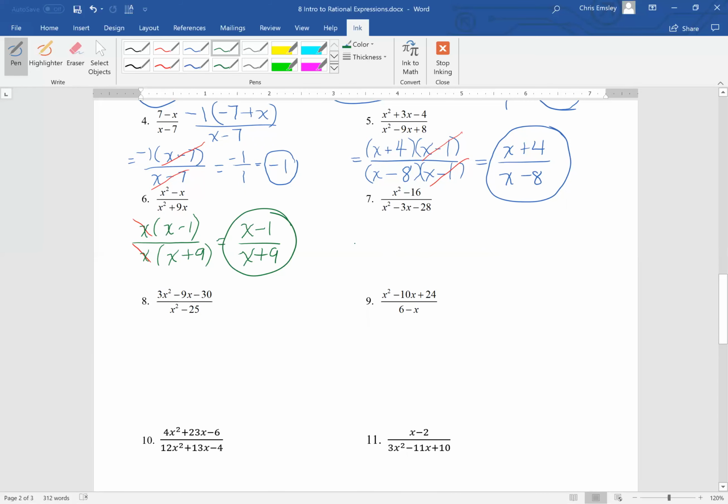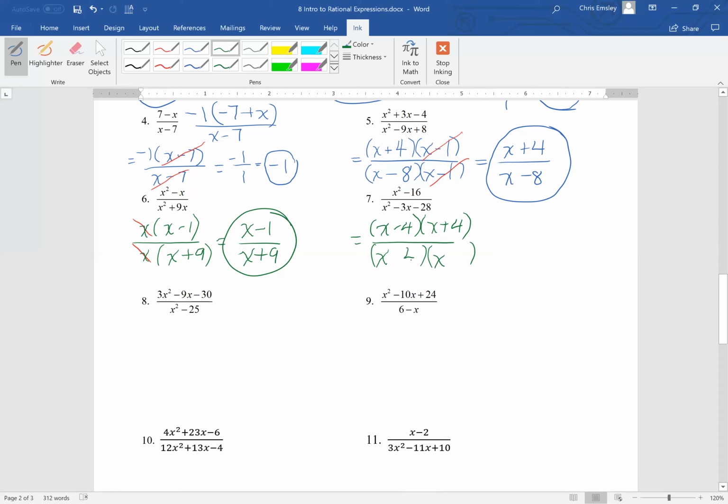Number 7, you got it. Let's factor. The top is the difference of two squares. So that's x minus 4, x plus 4. The bottom takes a little bit more thought. X squared, we split that into x times x. 28 has a few options, but I'm thinking 4 times 7.